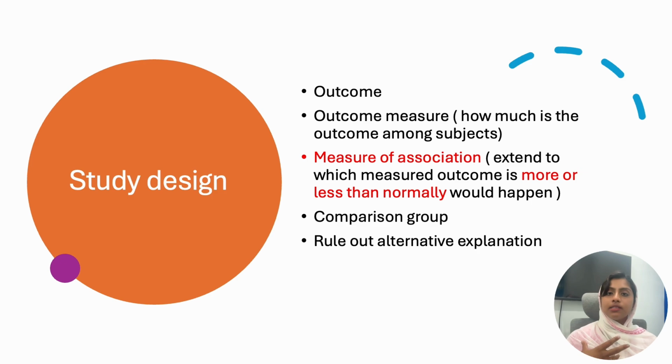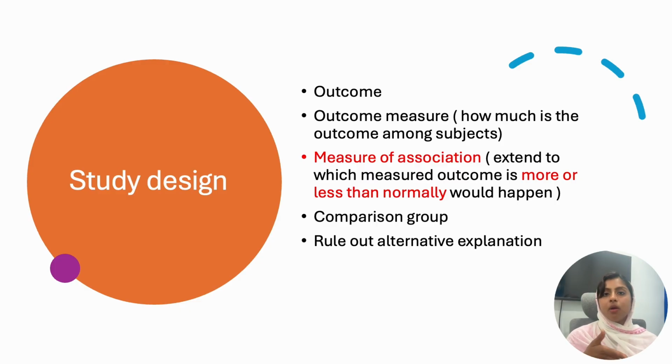Chance means that some occurrence can happen simply because of chance. For example, you toss a coin and you get heads 10 times. It can be because there is a problem with the structure of the coin, or it can be because of pure chance. Another thing is bias. Bias influences the way in which you pick the subjects for your study.